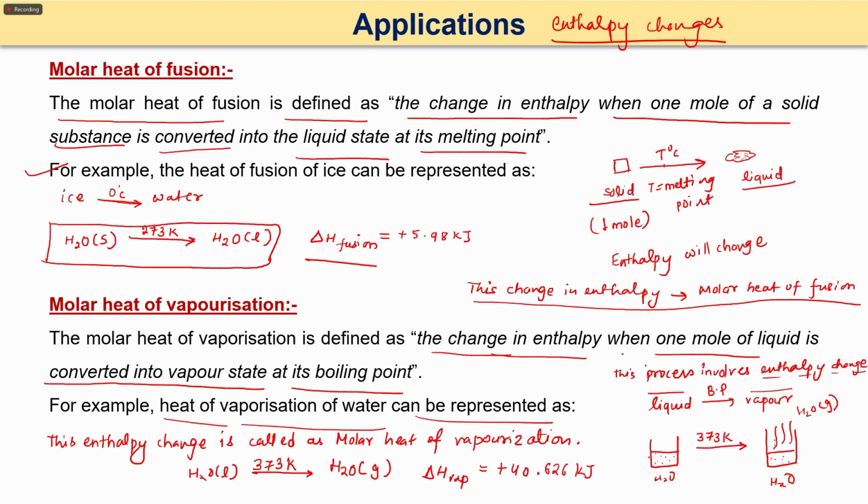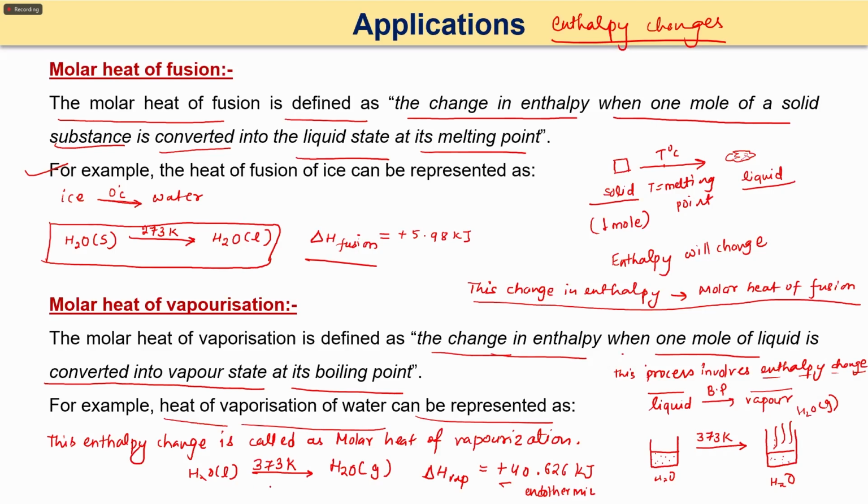So you can clearly see that in order to get water vapor, you will have to provide energy, because the plus sign denotes an endothermic process.